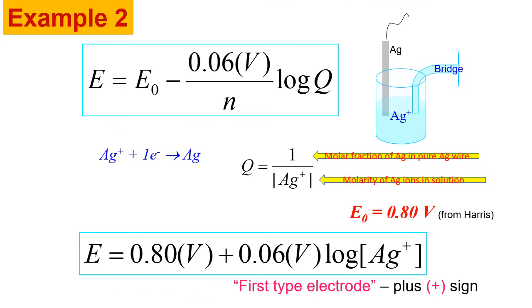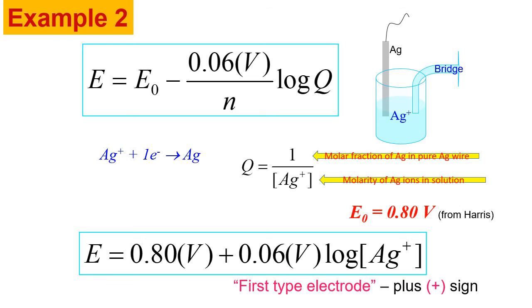Next example. A silver electrode. This is the electrode we were using in our titration of chloride ion. Let's put a silver wire in a solution of silver ions. Again, we have the same Nernst equation for the general case, but our redox reaction is Ag+ plus 1 electron making metal silver.